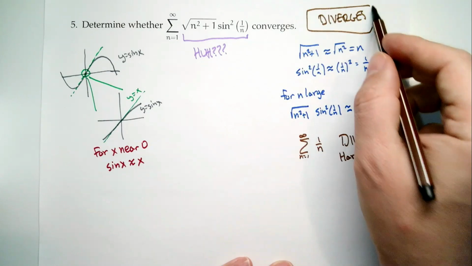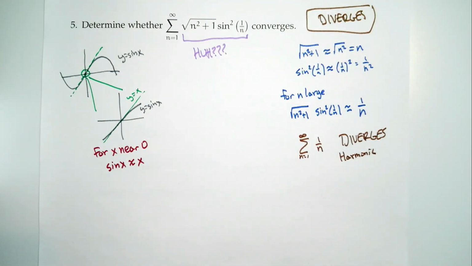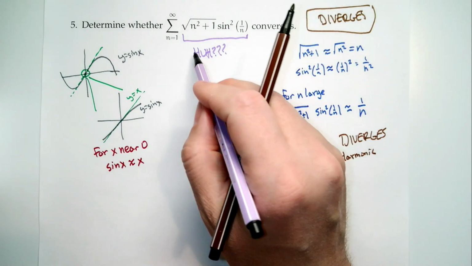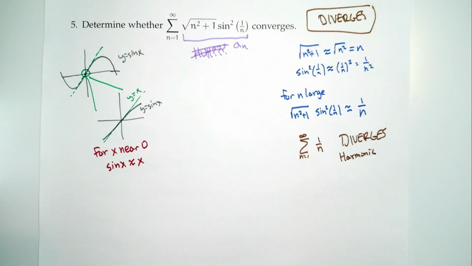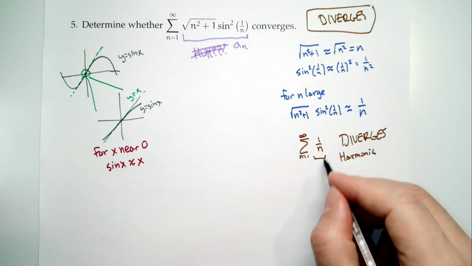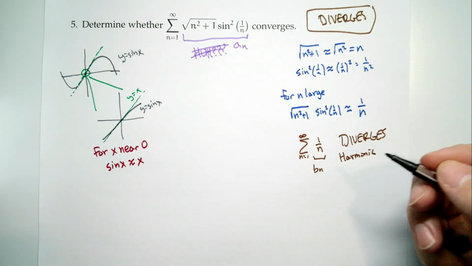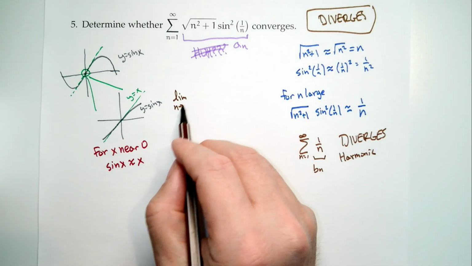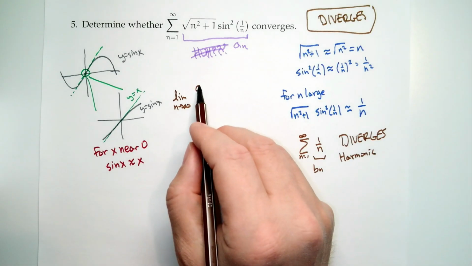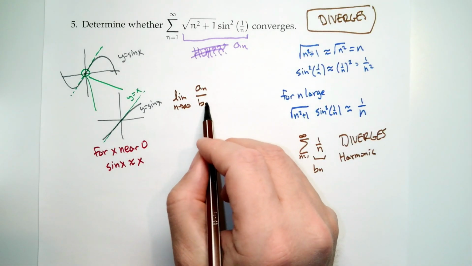So we're going to write diverges up here, but now let's finish it. We kind of see where this is going. This will be our a sub n, and now this will be our b sub n. So we're going to take a look at the limit as n goes to infinity of a sub n divided by b sub n.